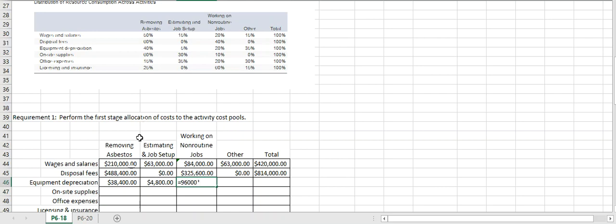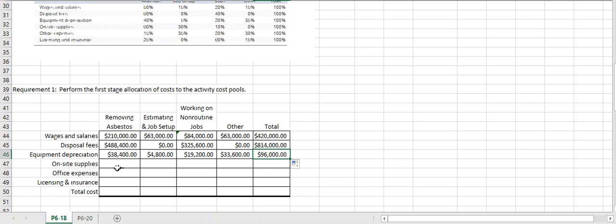And for non-routine, 20%. And let's see, 35% to other. We can do our total across, and it should be 96,000 because that's our total equipment depreciation.